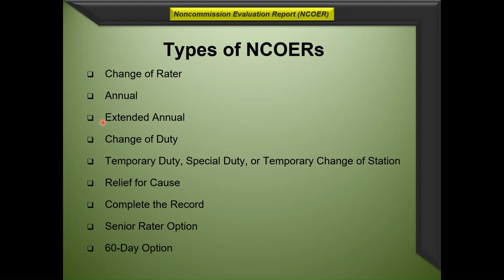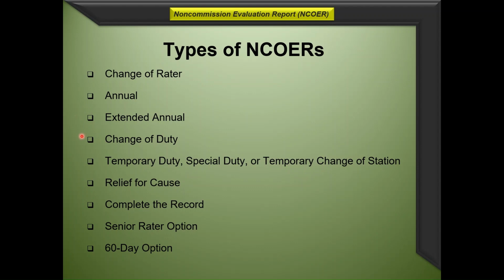So an extended annual would be where they are over the 12 months on the calendar, but because that time was not counted, you would extend it out until you have been actually overseeing that person and what they've been doing for a solid 12 months.